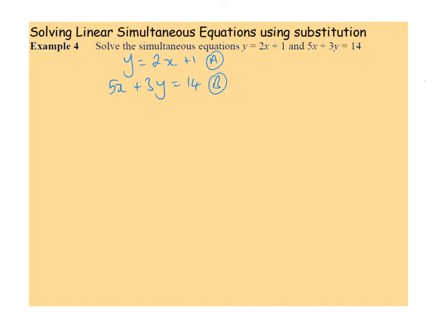So we could also have had the same pair of equations written slightly differently. So it could have been 2x subtract y equals negative 1, and 5x add 3y equals 14. And hopefully you can see that by adding y to both sides and adding 1 to both sides of the first equation, you would get to the same point.